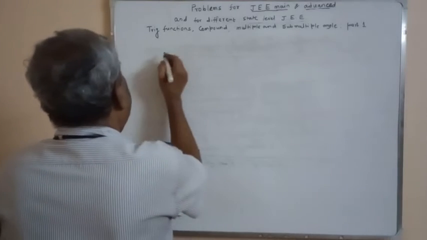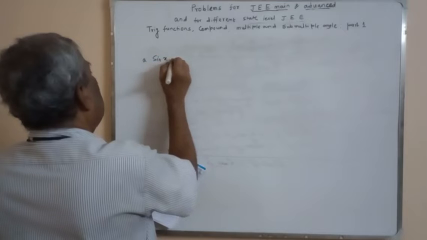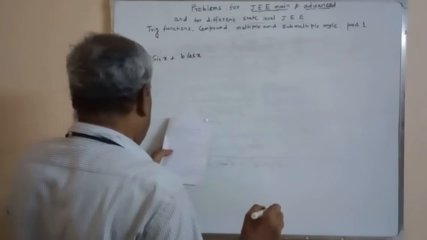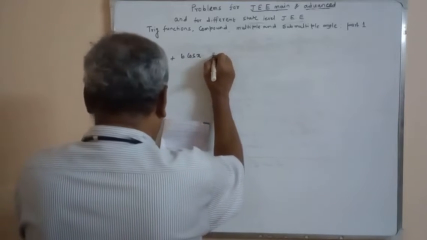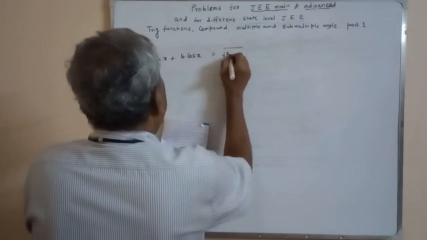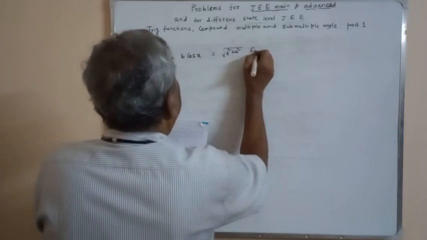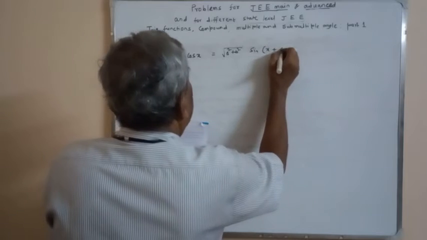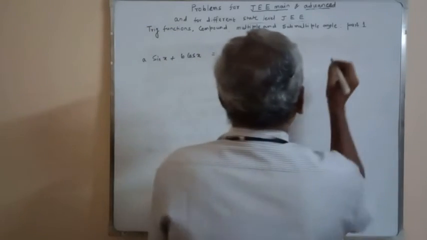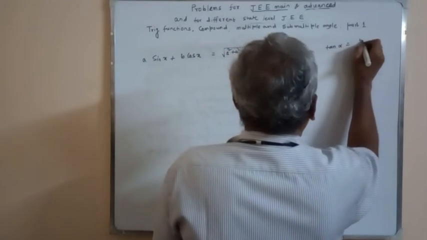If a and b are any constants, a sin x plus b cos x is equal to root over a square plus b square sine of x plus alpha, where alpha is given by tan alpha is equal to b by a.